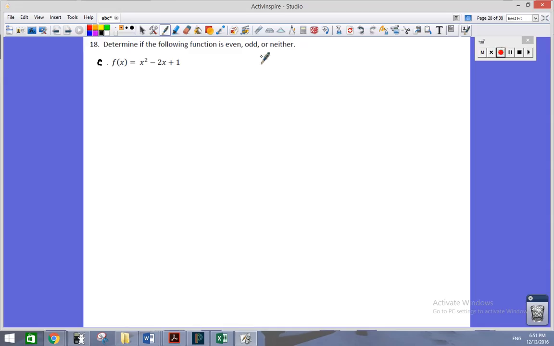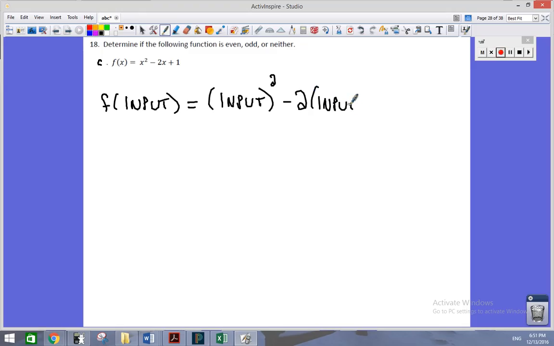Let's determine whether this is even, odd, or neither. This function takes the input, no matter what it is, and creates 3 terms. The first term takes the input and simply squares it. And then it subtracts 2 times the input. And then it always just adds the number 1.